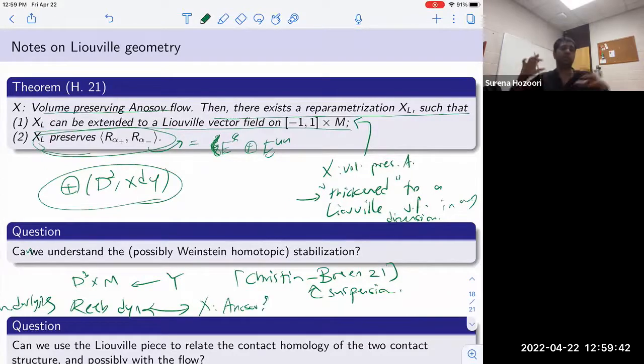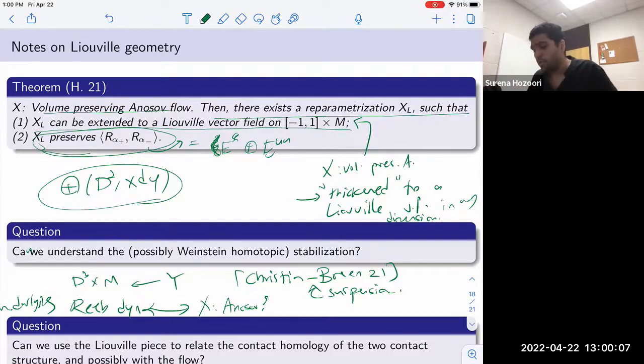I showed that these Reeb flows don't have contractible periodic orbits, which is a similar property to Anosov flows. So that means that in a very weak sense, to some degree at least, they're mimicking the hyperbolic behavior of these Anosov flows. Naturally, we can ask whether this similarity can be furthered.